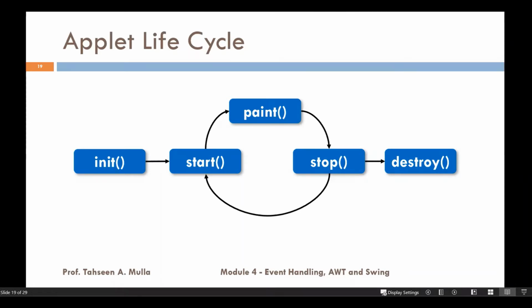If you destroy and again try to use this start method, it won't work, because the applet is not initialized. So it must first be loaded into the memory, then it will be started, and whatever your business logic is, it will be executed, downloaded in the applet window, and then started.